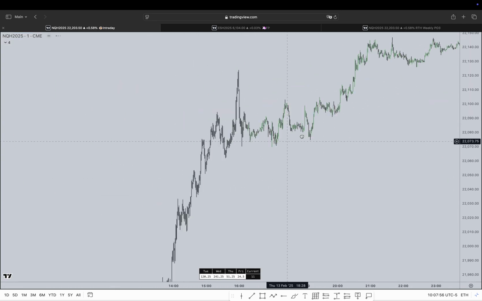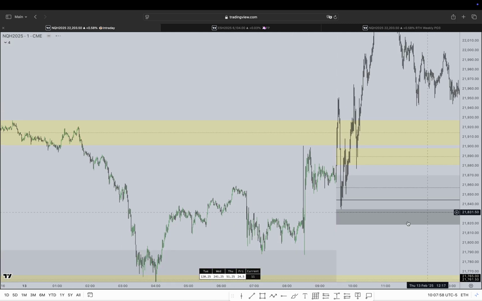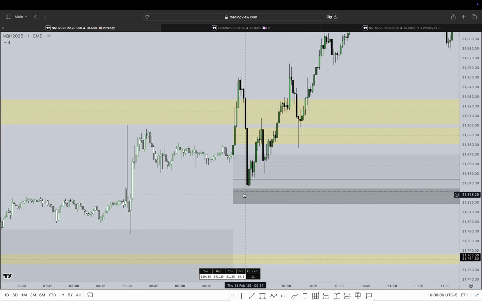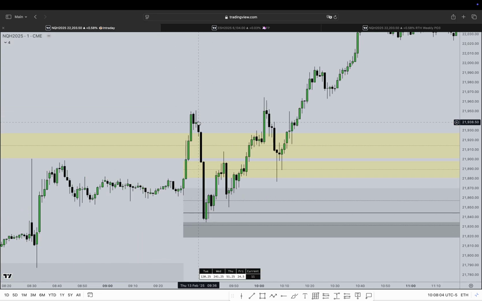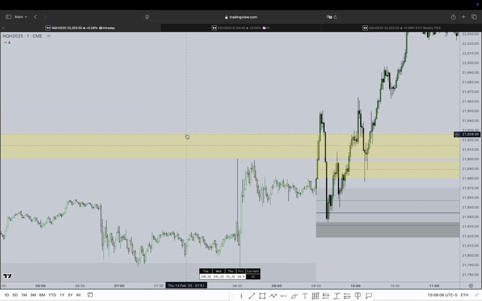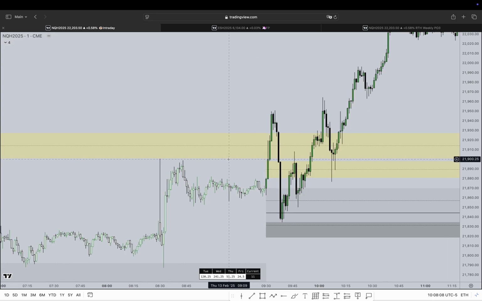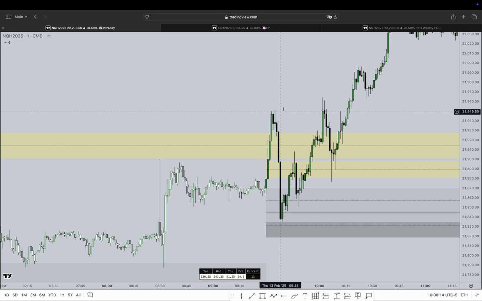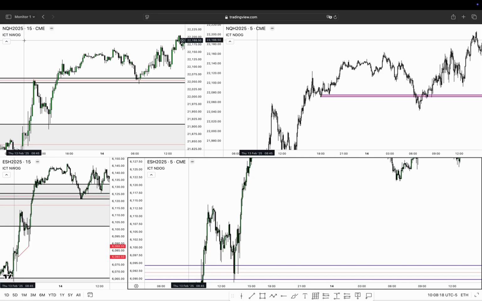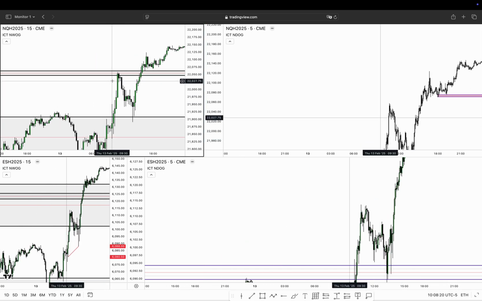So let's move on to the previous day. The same thing here. This was Thursday. We were trading above premium. We take the buy side liquidity from the news. We reach a new week opening gap here.